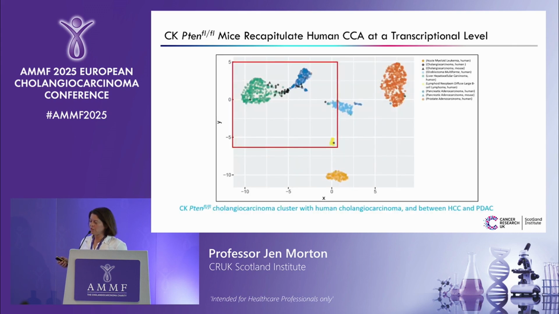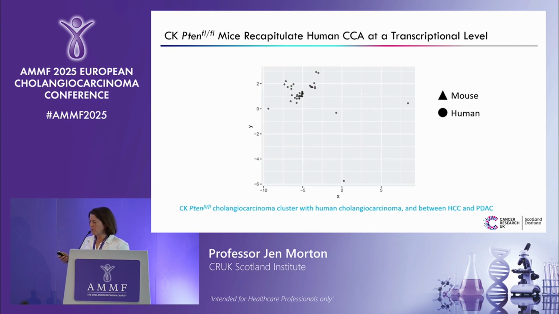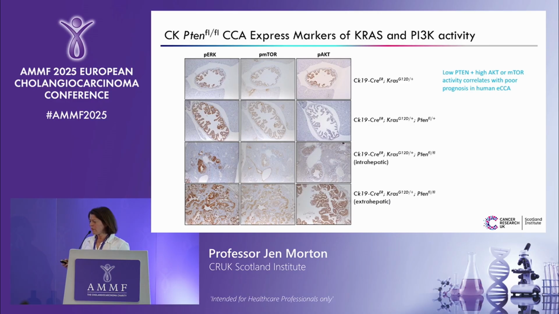You can see here on a UMAP the human versus the mouse, and they're there in the black, sitting in between pancreas and liver, which I always like because anatomically that's where they sit. But you can see that the mouse and the human overlap quite closely. And again, they express the markers of activated KRAS and PI3 kinase activity, like our SOX9 model.